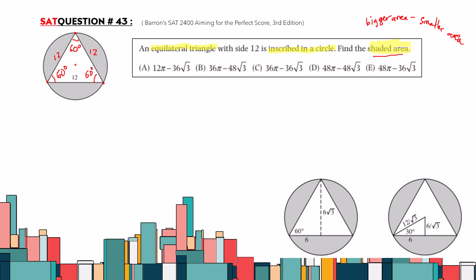So here the circle is the bigger area, and we subtract the smaller area, the equilateral triangle.